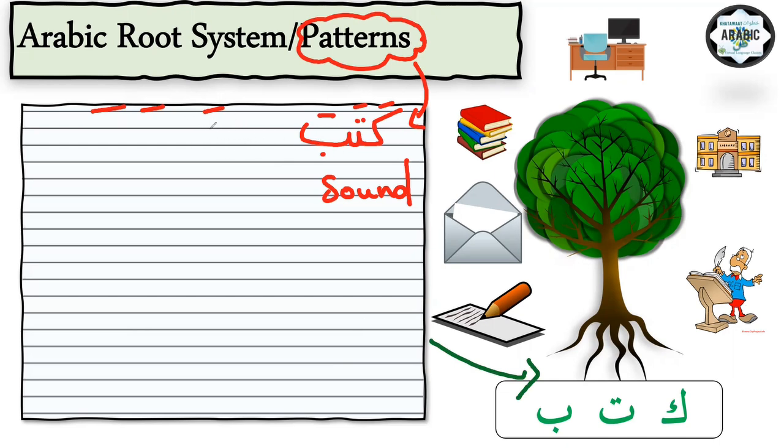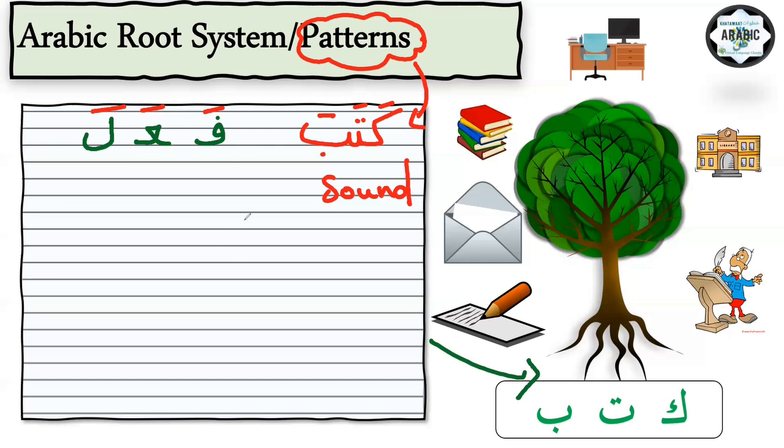But we do not only base our understanding on the short vowels. What we do is we find equivalent sounds for each root letter. So for kaf, for example, we refer to it as fa, and ta we refer to as ayn, and ba we refer to as lam.